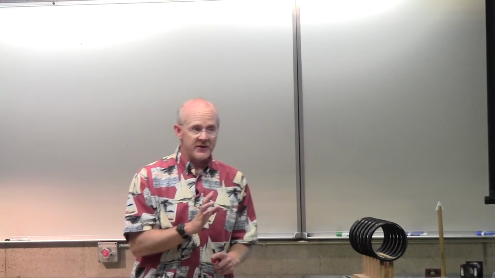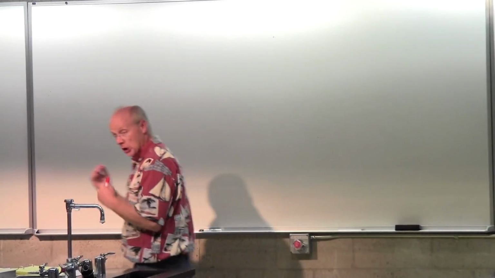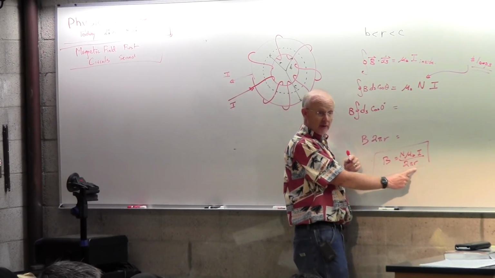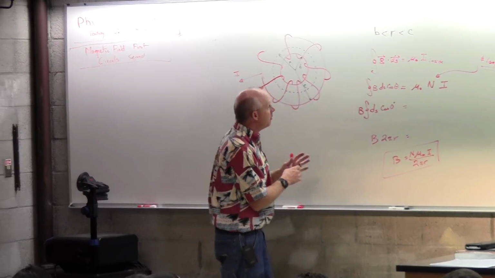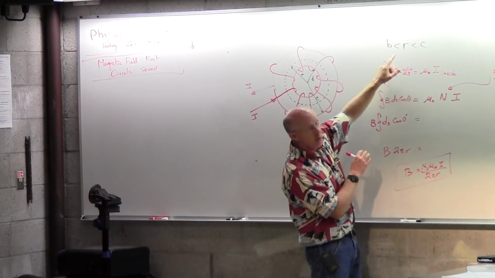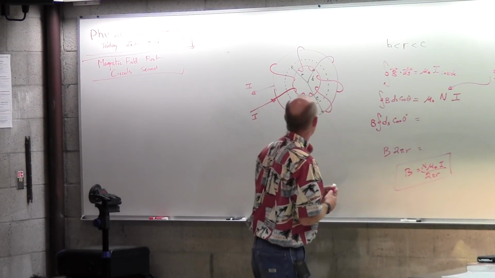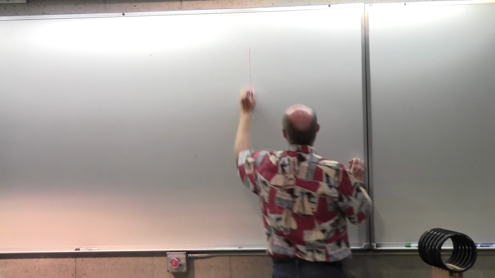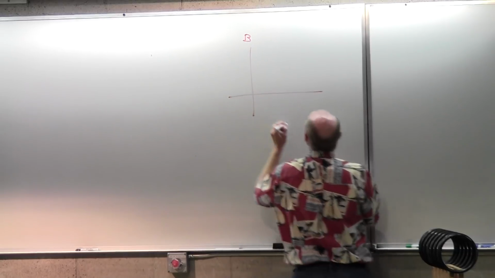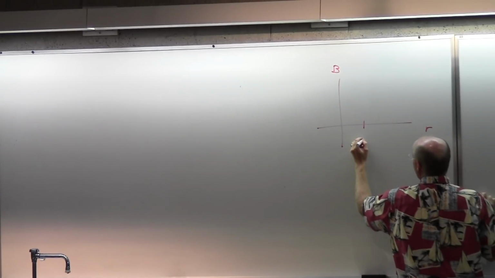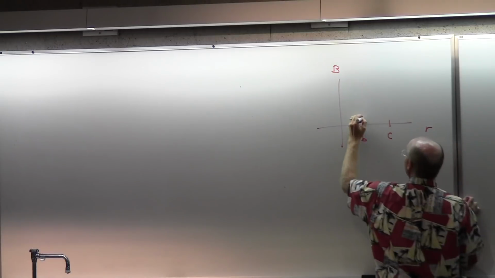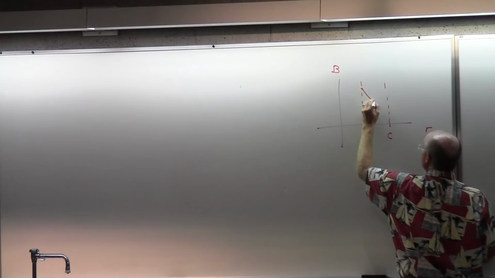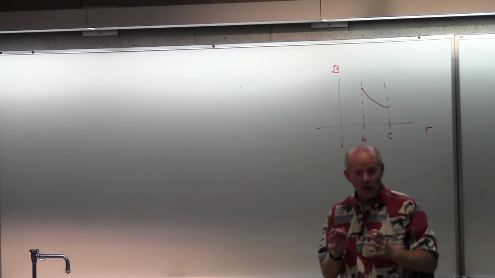Oh, now I should point this out that if we look a little closer at this, notice that the magnetic field does change with distance, right? But also, notice my logic is only valid between B and C. And so if I was making a plot of the magnetic field, or maybe I'll put it over here for my grand finale, as I was plotting the magnetic field with distance, and I put B and C, I have only found the magnetic field in the interior parts of this donut, right?